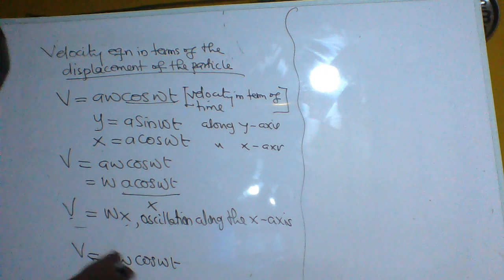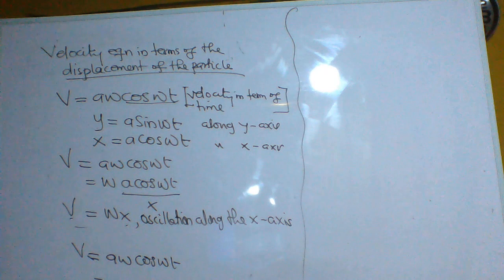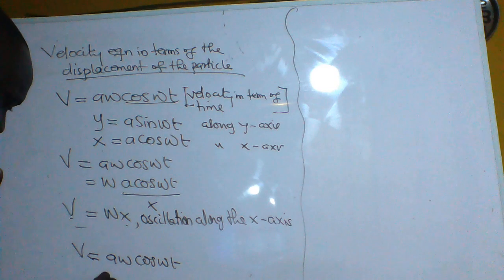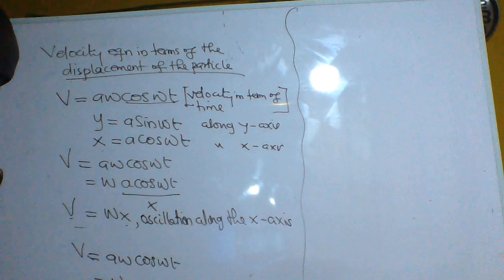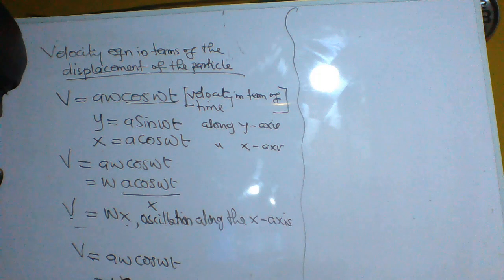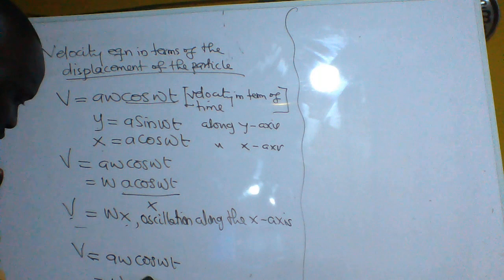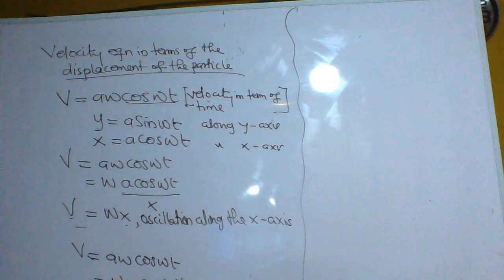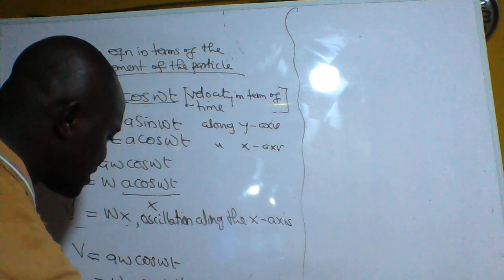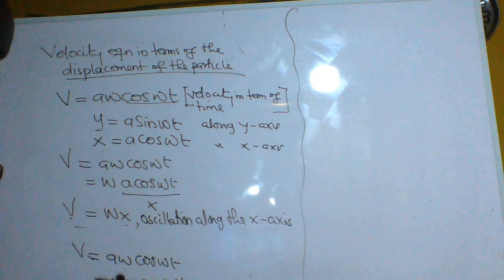Let's play around with this equation. I'm sure we all agree that this can be rewritten as omega times A cos omega t. We are just playing around with the equation.